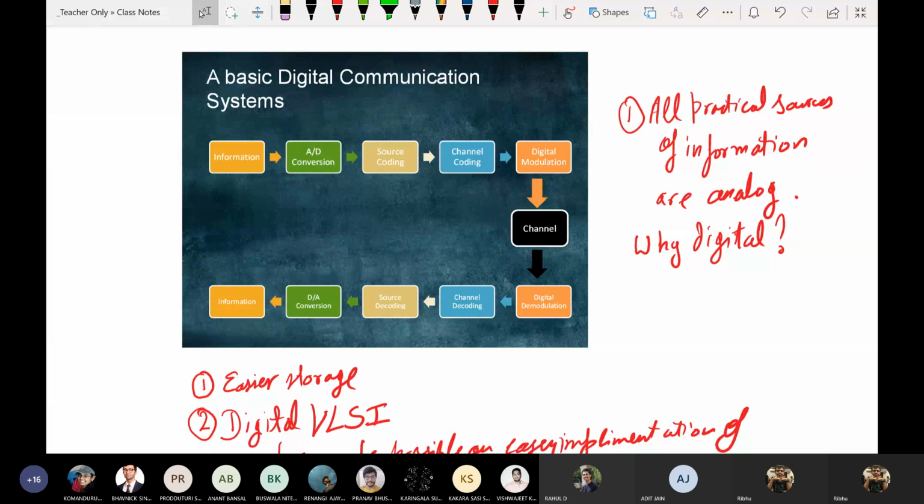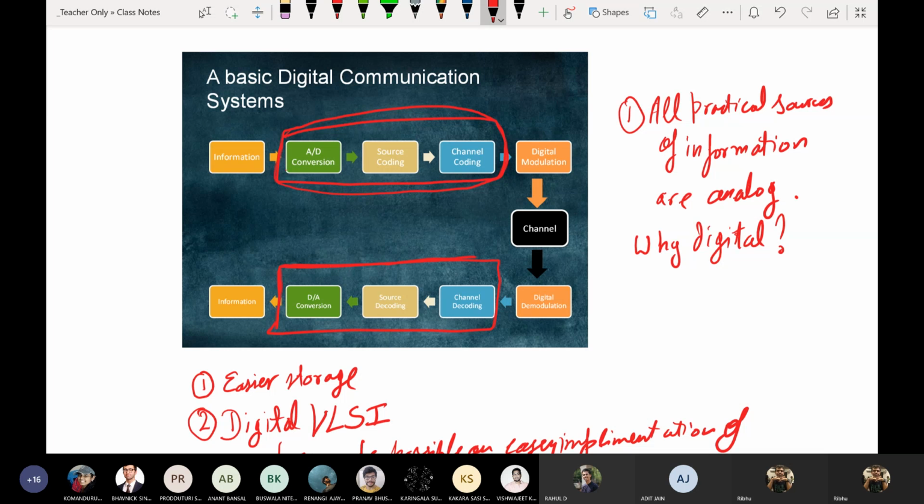And now, as you pointed out earlier, you have these 3 blocks additionally in a digital communication system, and correspondingly these 3 blocks in the demodulation part.